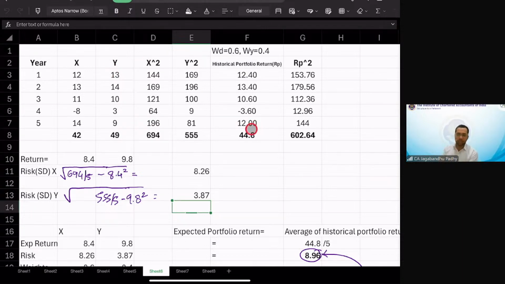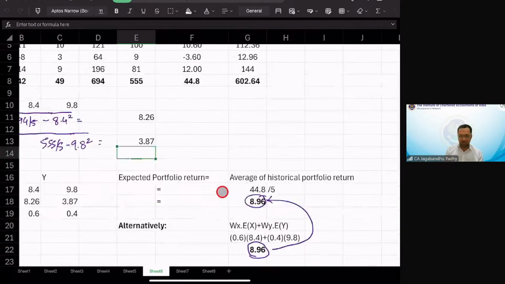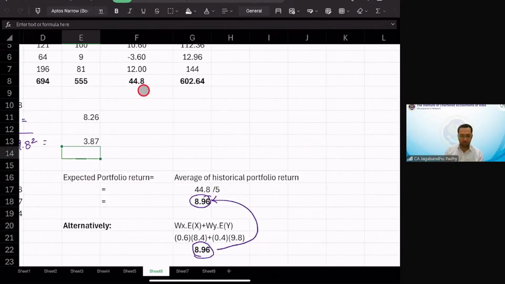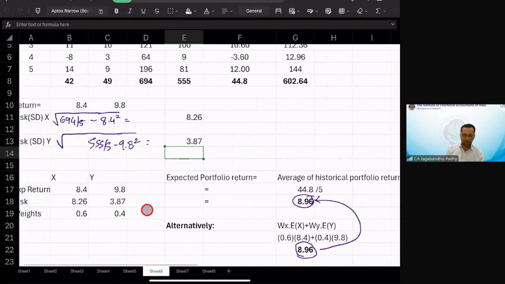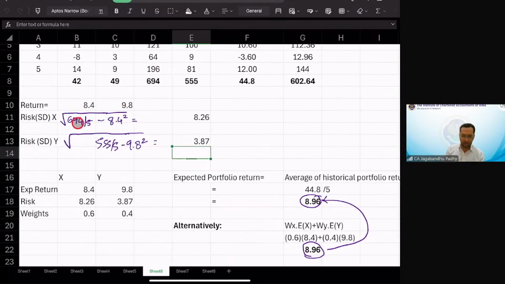The average or expected portfolio return, we computed as 444.8 divided by 5, which is the average. Alternatively, we also checked that if we just know the expected return of X and Y, without any information about the historical returns, we can simply take the weighted average, and the answer definitely matches.